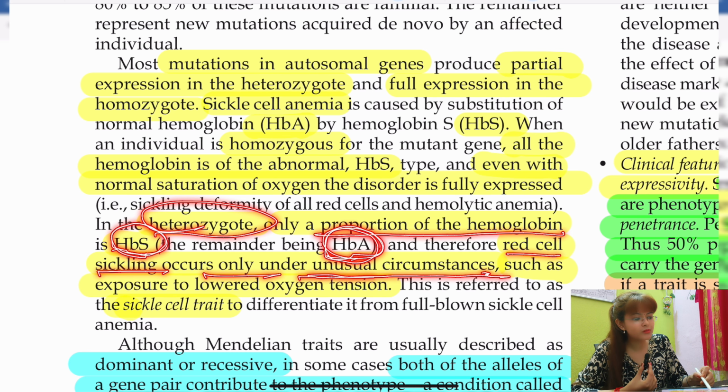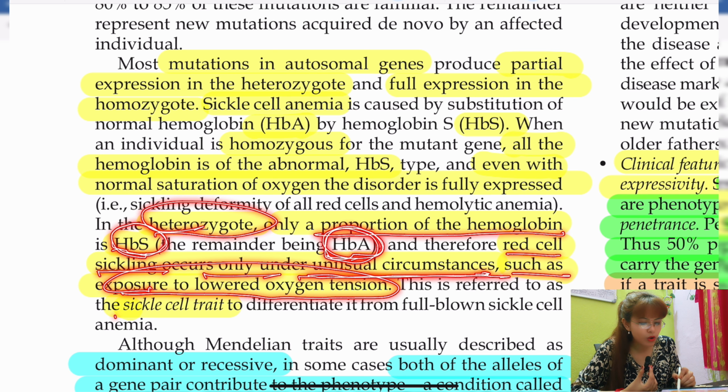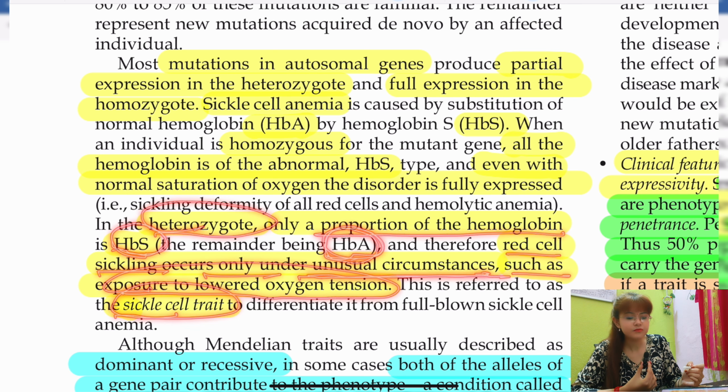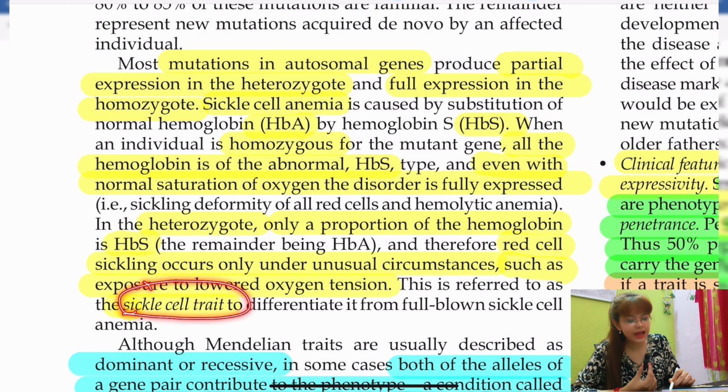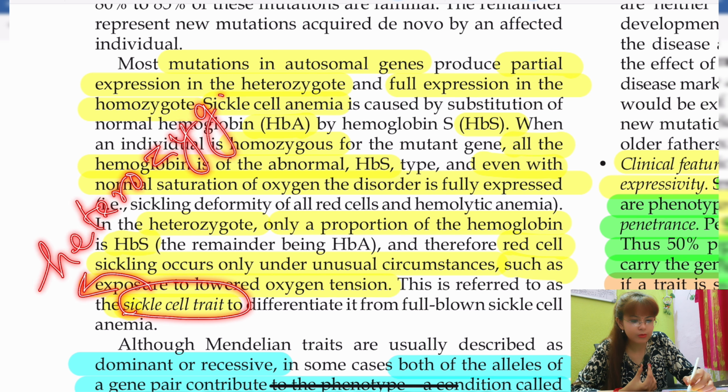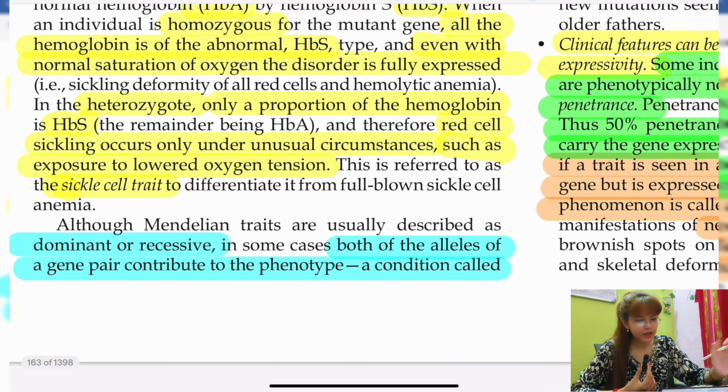Unusual circumstances means when there is exposure to lower oxygen tension, and this is called the sickle cell trait. So sickle cell trait happens when it is a heterozygote, and full-blown sickle cell anemia happens when it is a homozygote. Okay?